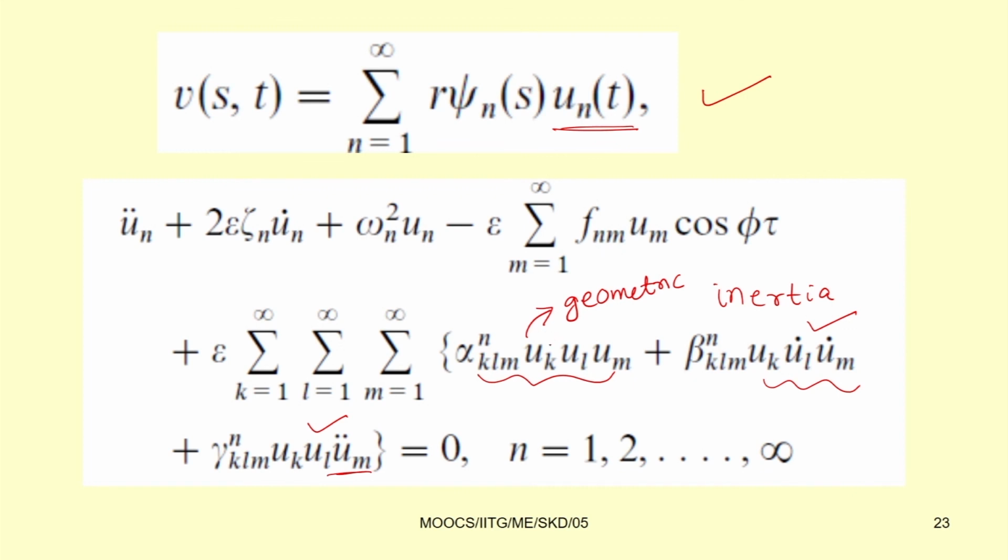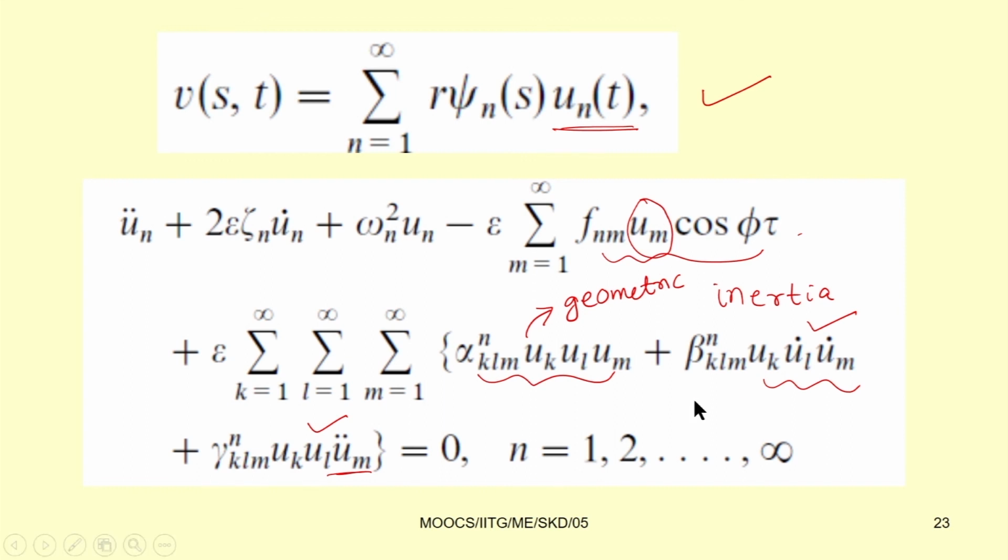Let me tell you about this forcing term first. In this case you can see that in the forcing term, the coefficient of u_m is a time varying term. That is why this equation is known as the equation of a parametrically excited system, with nonlinear terms.